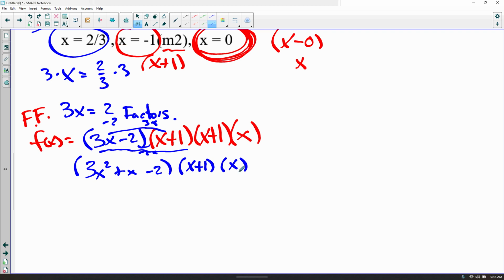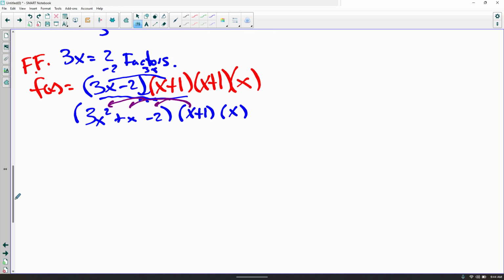Now, there's two ways you can go about doing this. I'll show you, maybe this method might help shorten up your work a little bit here. It's taking the back one right here, just taking this x and distributing the x to each of these. So x times 3x squared is 3x cubed.